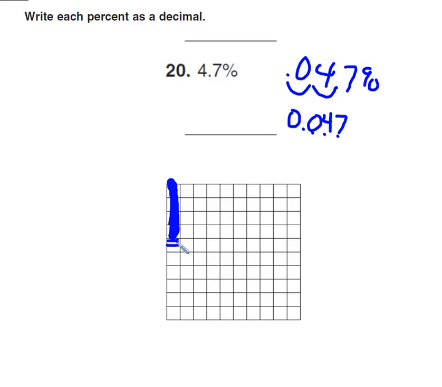So that would look like this. It's a part of one of these squares inside. So this would be 4.7% or 4 7/10 of a percent. Notice the 7/10 is this amount right here. Or you could just think of it as moving it 2 to the left, 1, 2, or 47 thousandths.